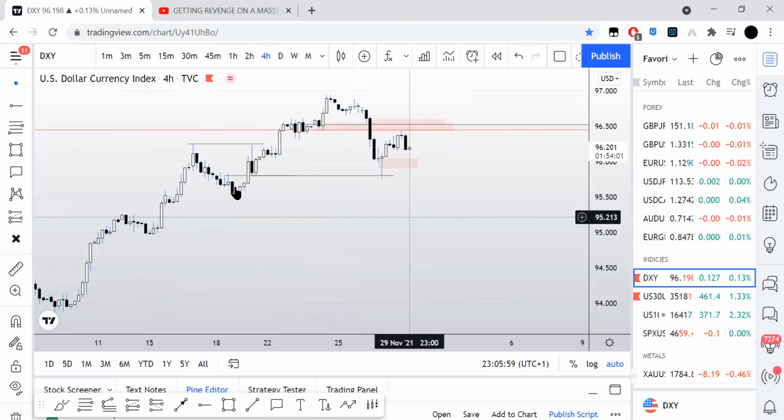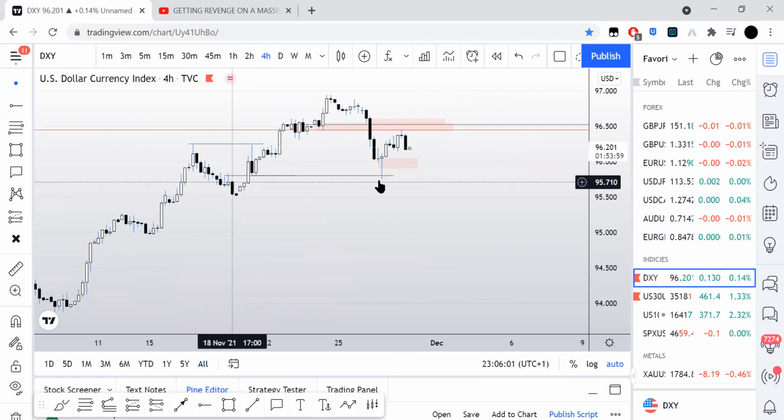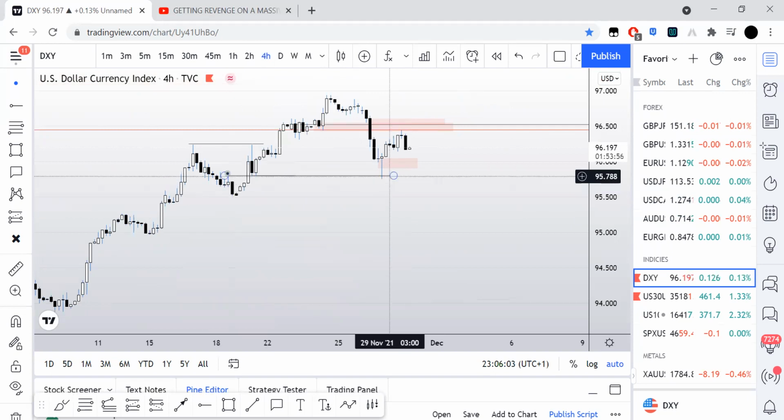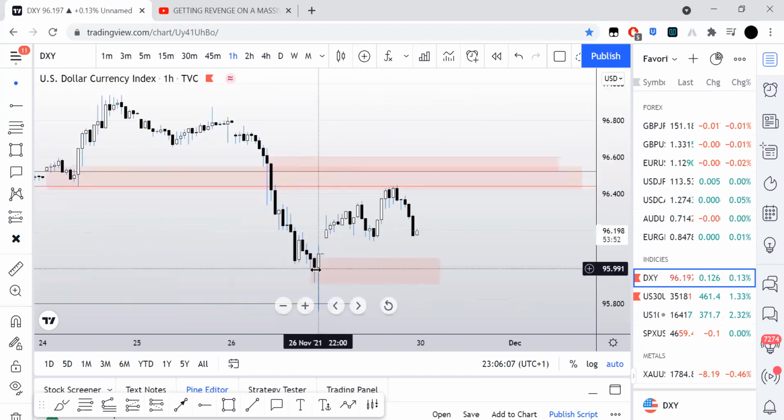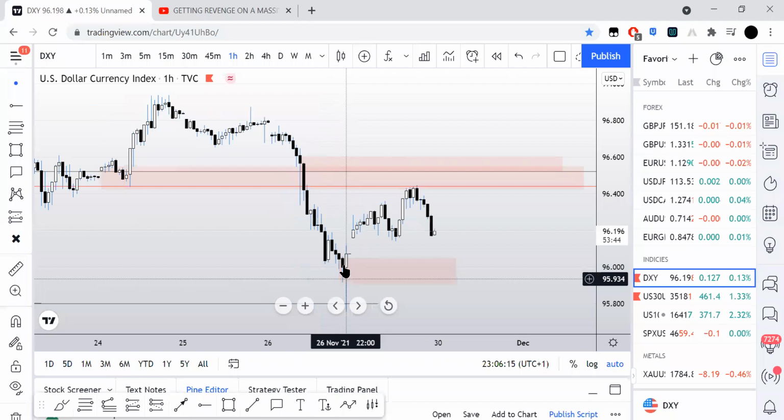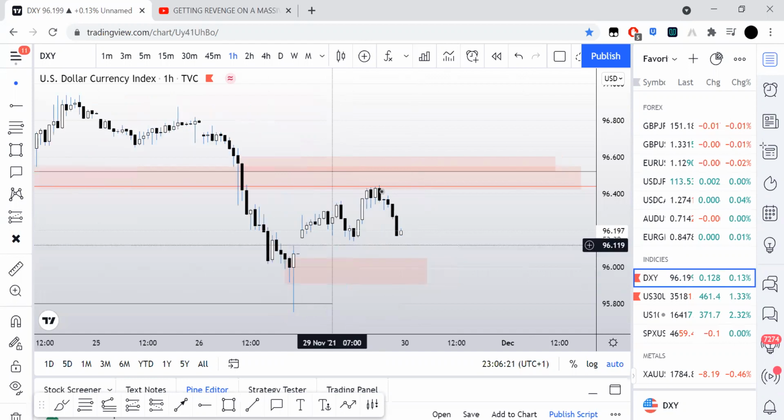But I would rather see a better buy under this low, most likely, if I'm gonna be completely honest, especially looking at what time this was made, right? This was made close to market close. So it's not like a London or New York type of liquidity hunt, right? It's not kill zone time. But yeah, that's it for DXY.